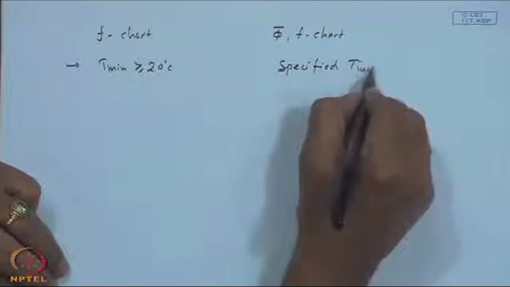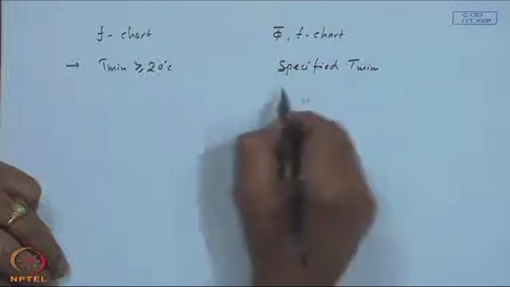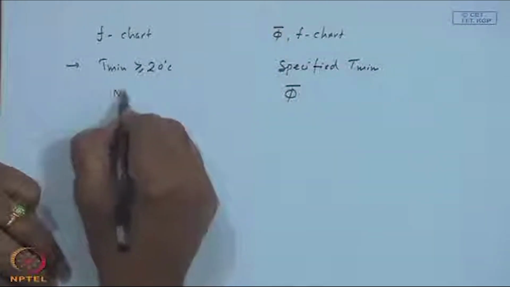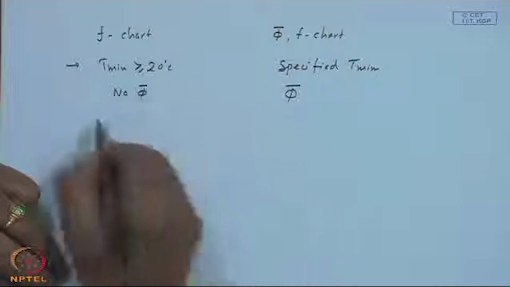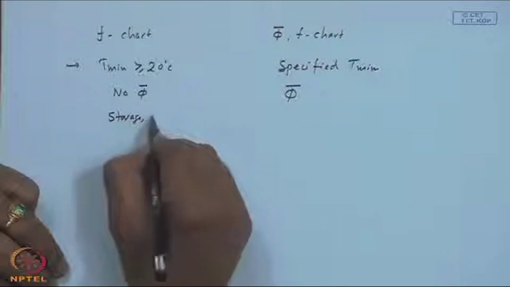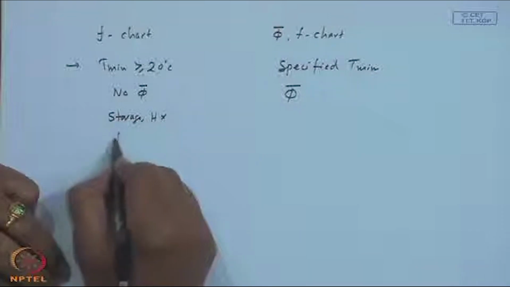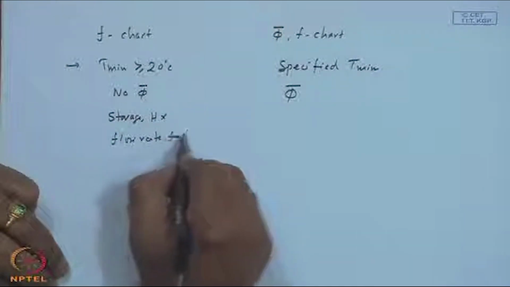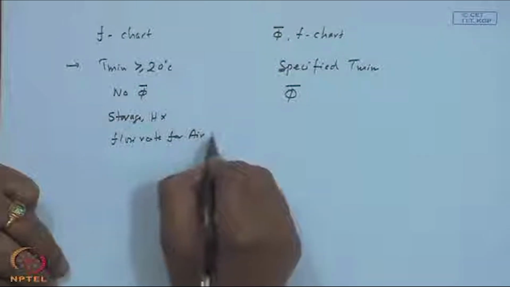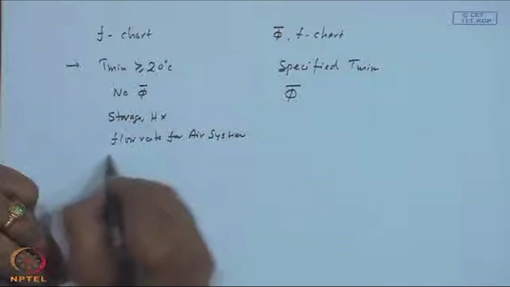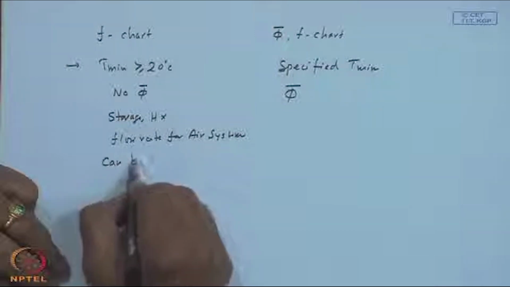T minimum. So, this has an additional parameter phi bar, this no phi bar. Storage, heat exchange, flow rate for air systems can be taken into account.